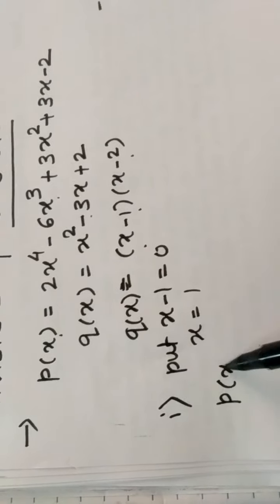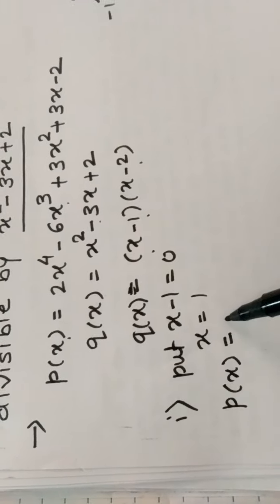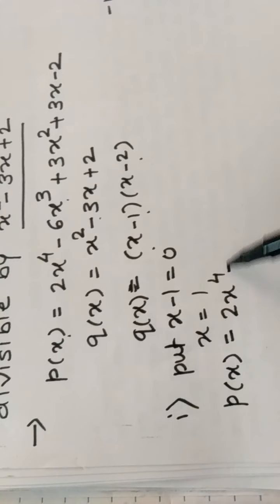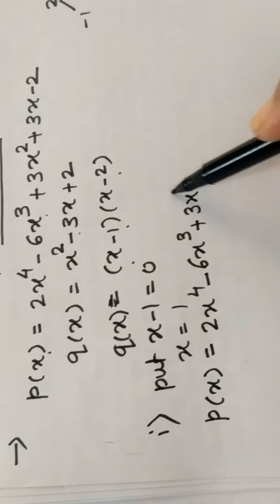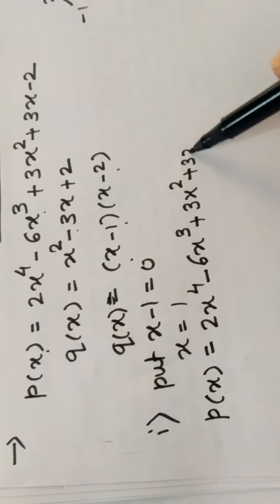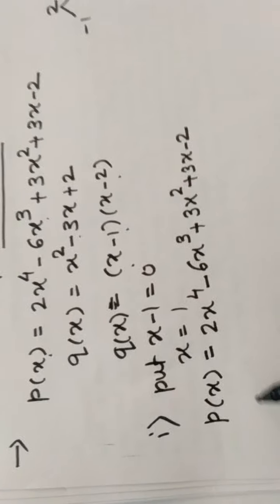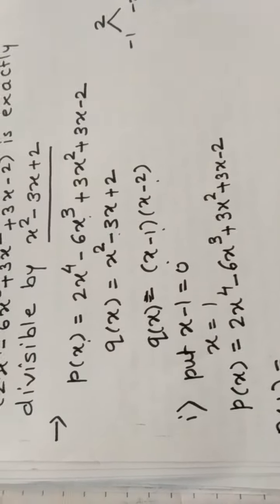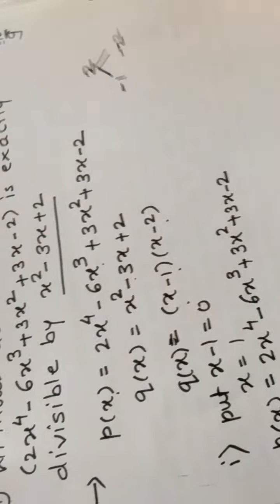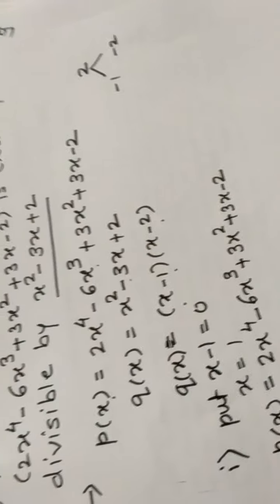Now the polynomial p(x) is 2x raised to 4 minus 6x cube plus 3x square plus 3x minus 2. Put p(1), which means instead of x put the value x equal to 1.